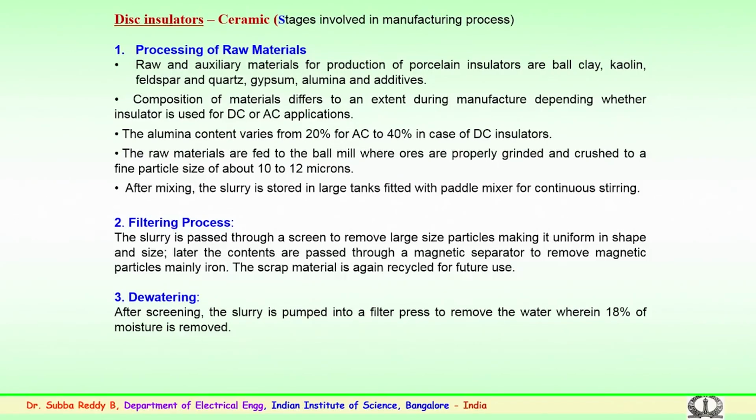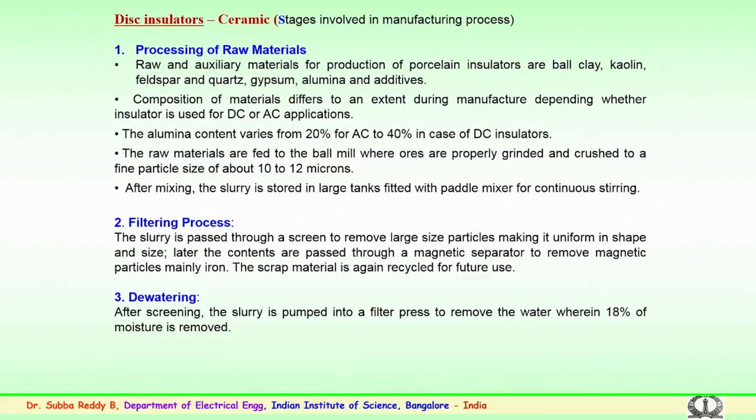These insulators have evolved over the century, and several types for normal conditions and contaminated conditions have been developed by various manufacturers across the globe and are being used for transmission systems. So, we would like to focus on the disc insulators.